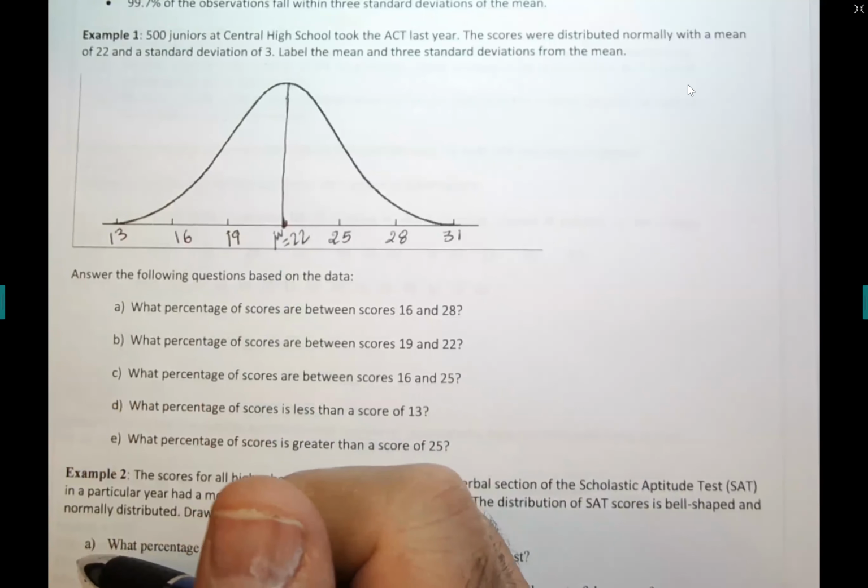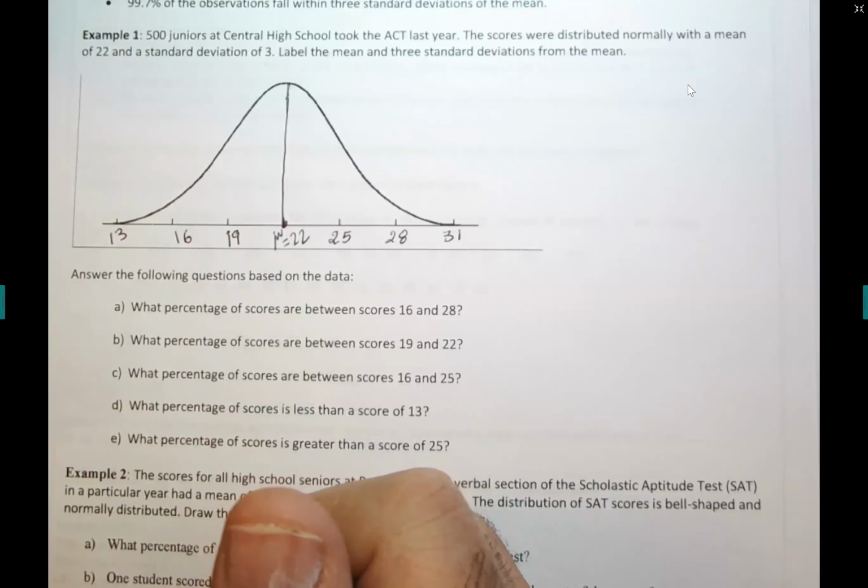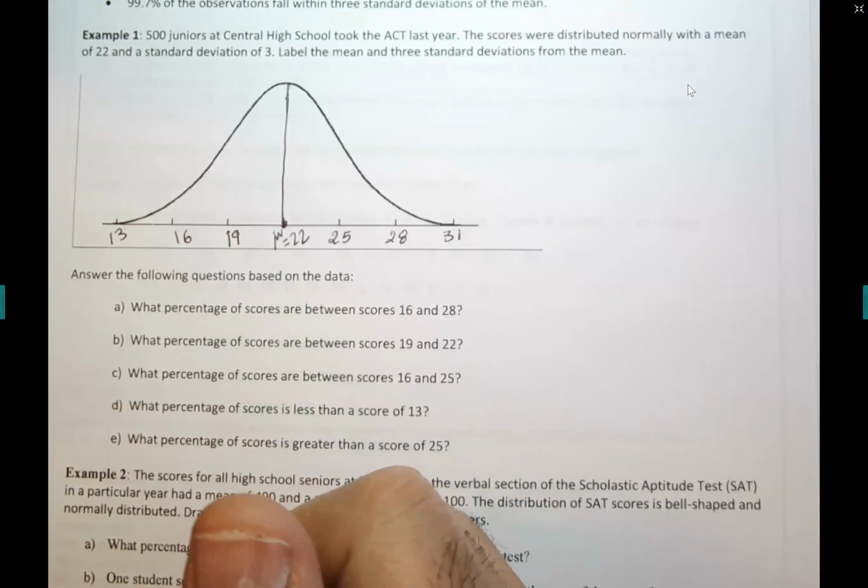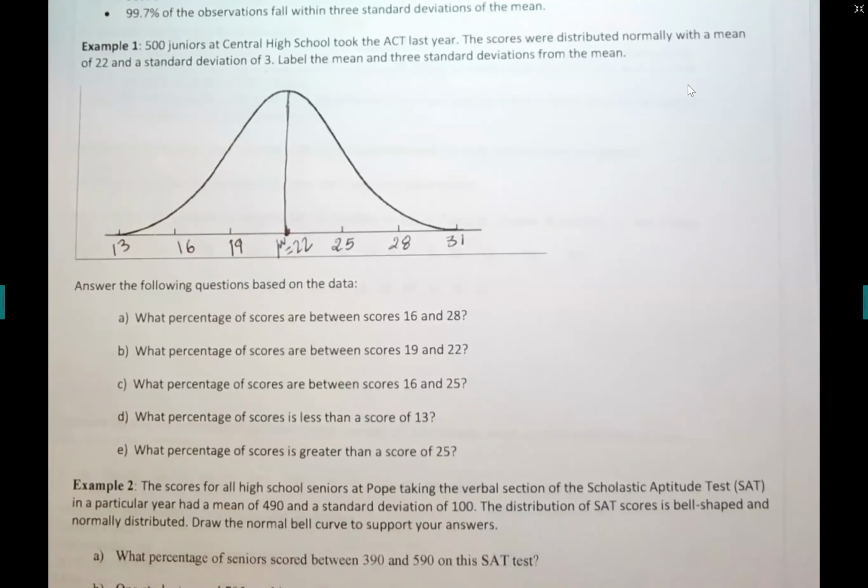So in real life, guys, you need to know this fact. Probably this is gonna surprise you. Let's say I give you a test, and the average score on the test was 70 and the standard deviation was 8.